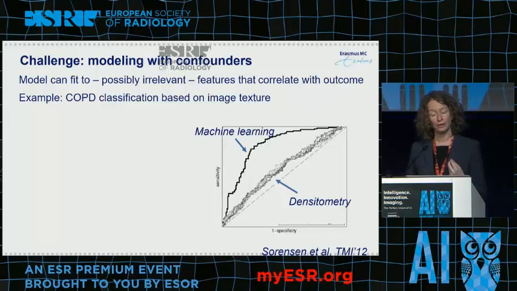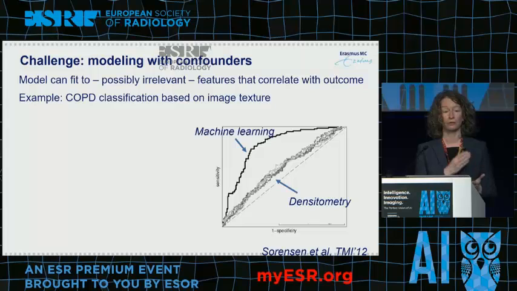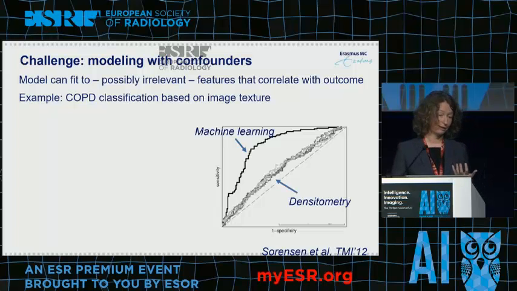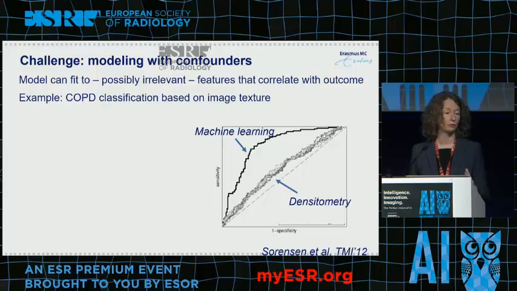And we found that in this case there were relatively many women in this database, which makes it more difficult for densitometry because standard density thresholds are used even though women have denser lungs. And apparently, probably, our machine learning system could exploit this correlation, perhaps by looking at the size of lung structures, and then it figured out that women, or people with small lung structures, have a higher chance of having COPD.